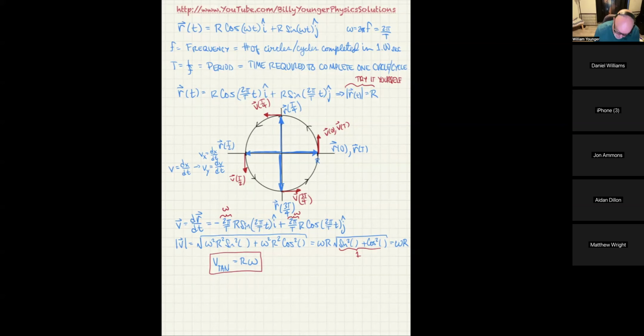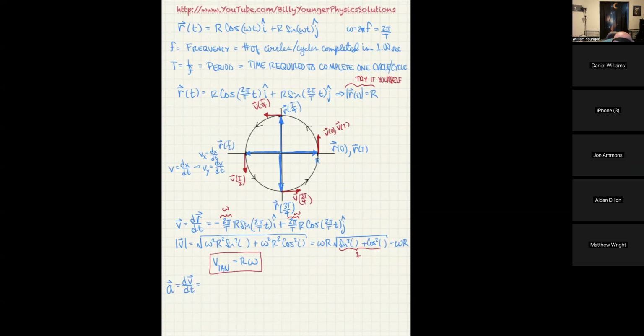All right, so now let's compute the acceleration using the same sort of reasoning we did before. The acceleration should be equal to dv over dt. So I'm going to take the derivative of that same function. Notice the first term is a derivative of sine, which gives me cosine.